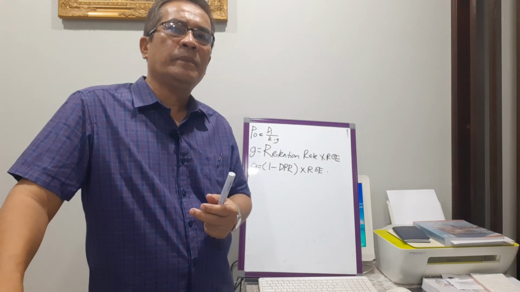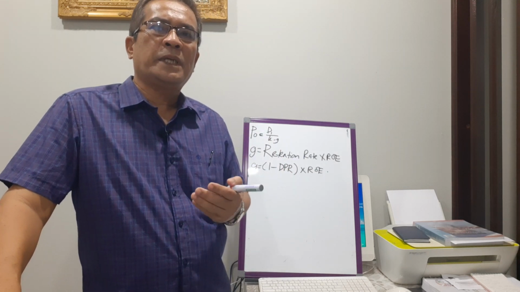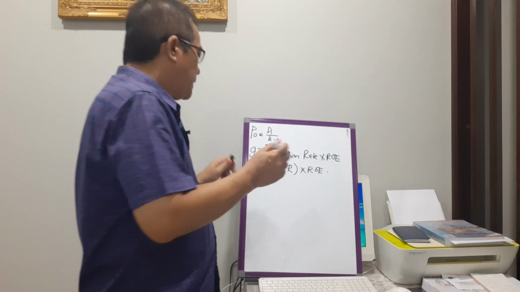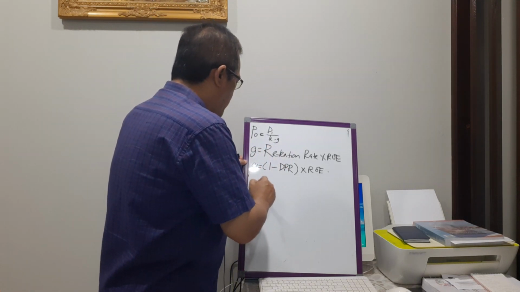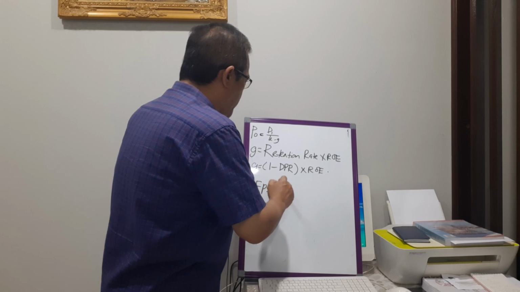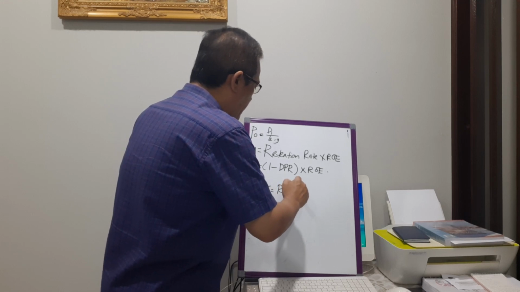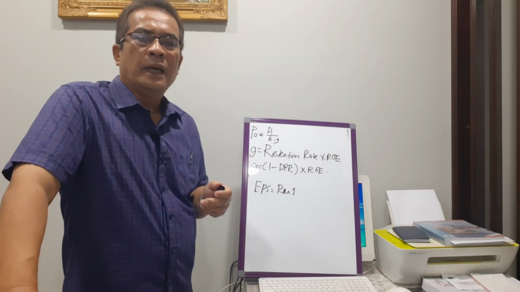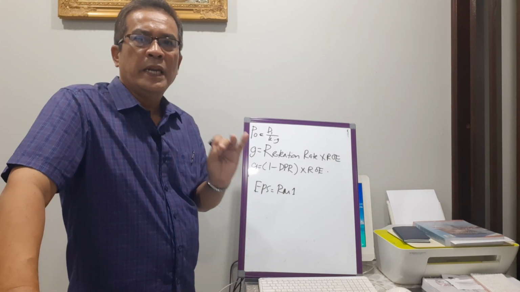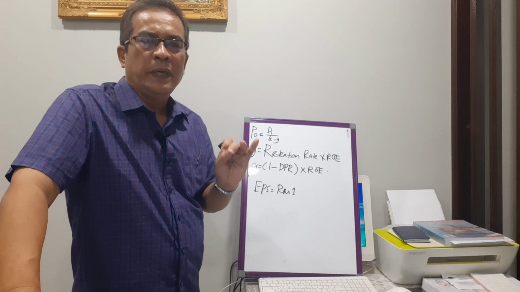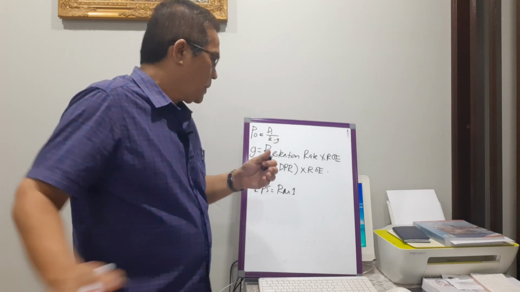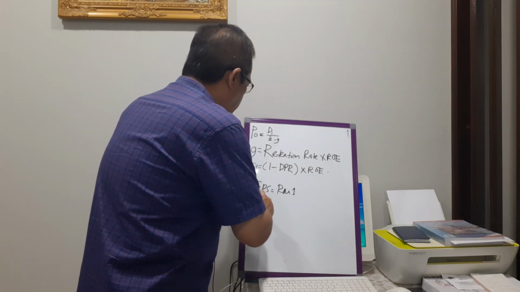Let's say for example, the earnings per share of a company is 1 ringgit. This is just an example. Out of this 1 ringgit earnings per share, you pay 40 cents in the form of dividend.